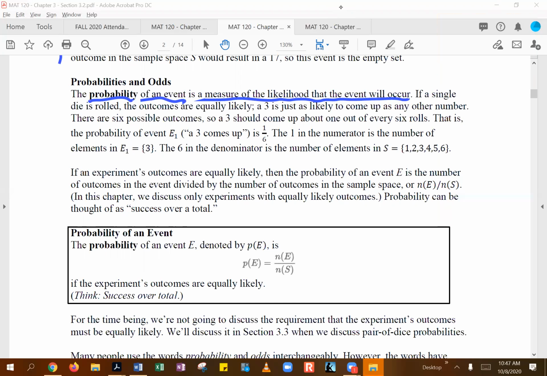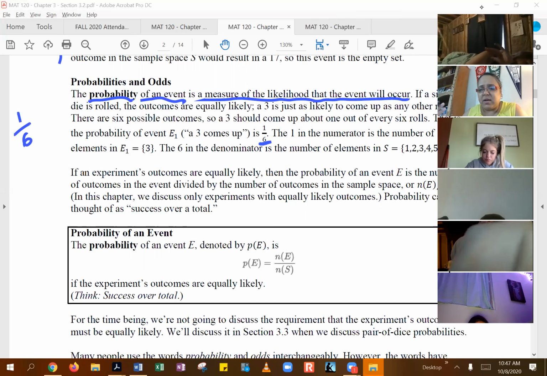In rolling a die, since we have 6 different faces, each face has a probability of 1 out of 6 of coming up. So the chance that you will land on a 3 when you roll a die is 1 out of 6.